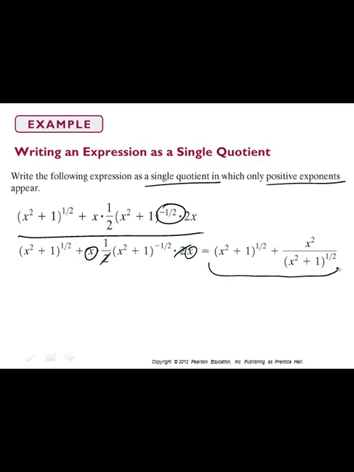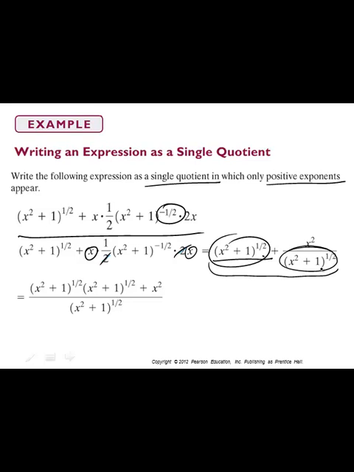So here's what we've got so far, but now we need to combine these 2 terms so that you have a common denominator. So you basically are going to take this term there and multiply the numerator and denominator by this denominator, I should say. Like I said, all we need to do is multiply this guy right here by x squared plus 1 raised to the 1/2 power over that same thing.